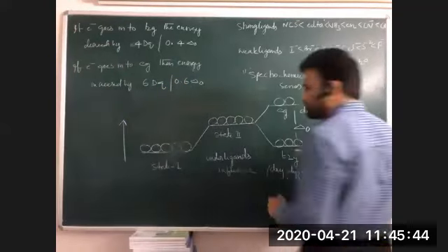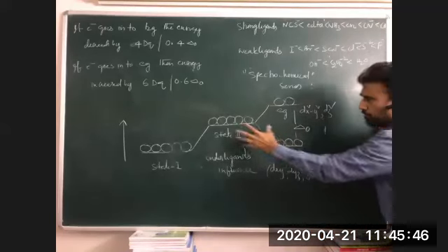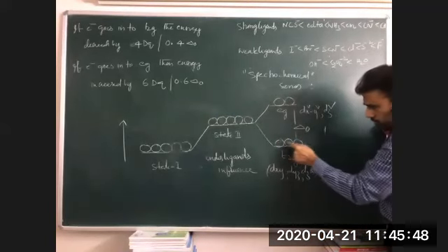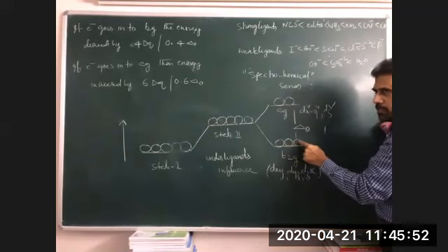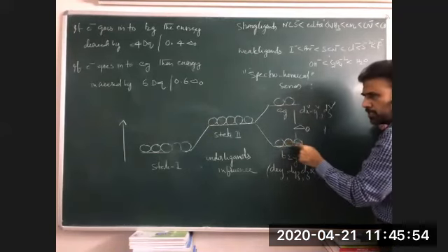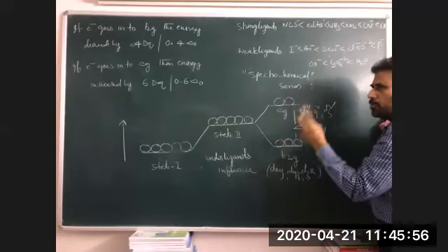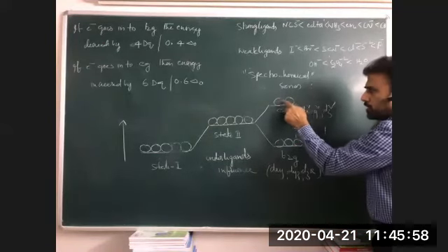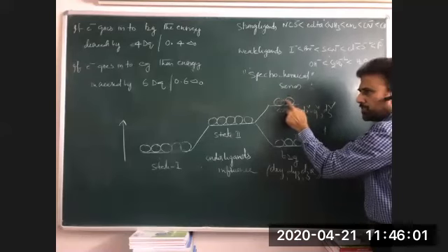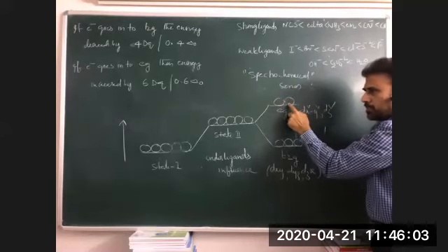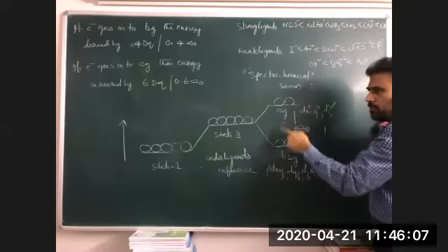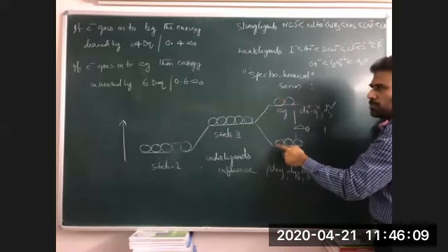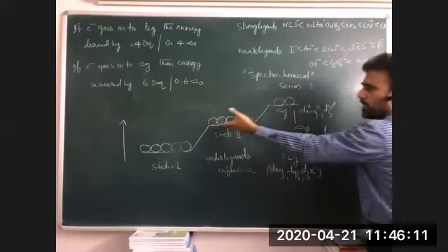Apply this. 5 electrons are there. 3 are here. 3 into 4, how much is decreased? 12. 2 electrons are going here. How much increasing? 2 into 6, plus 12. This is minus 12. Plus 12 and minus 12 becomes 0. The net becomes as it is.